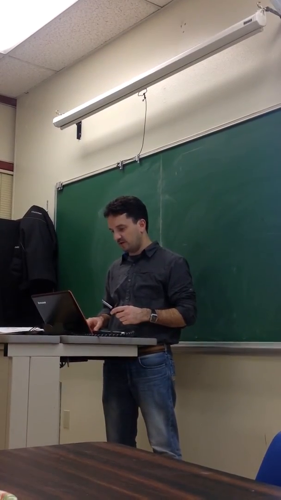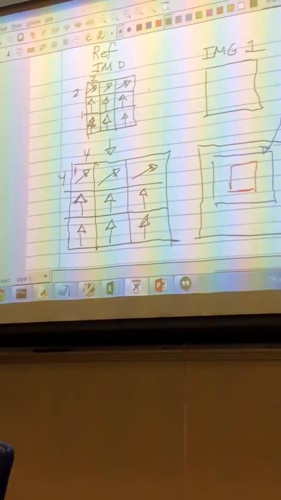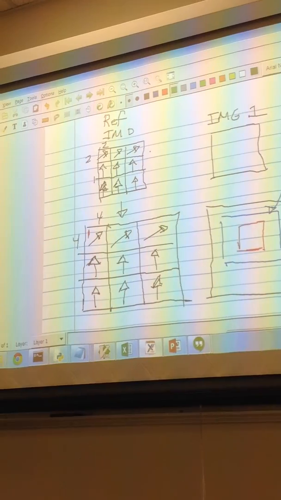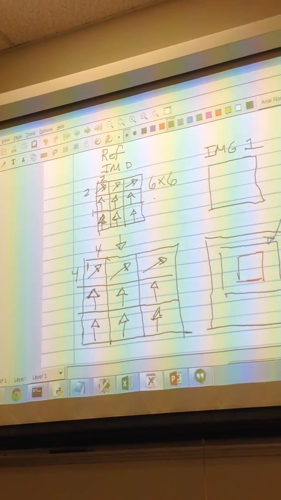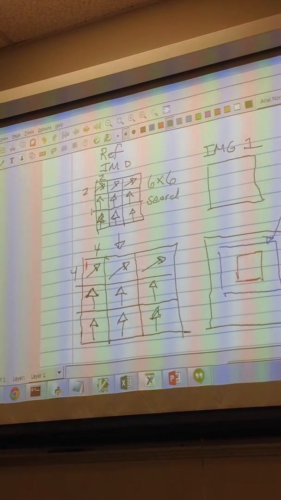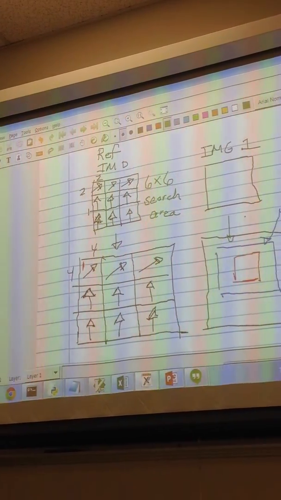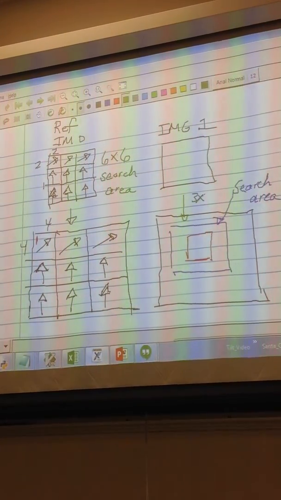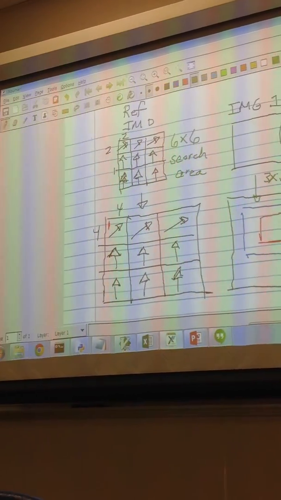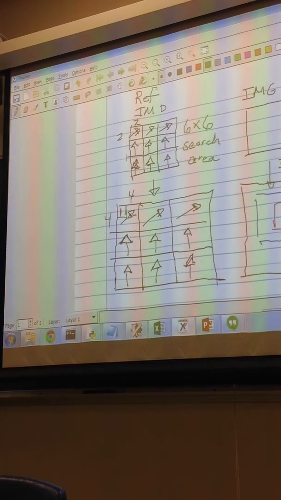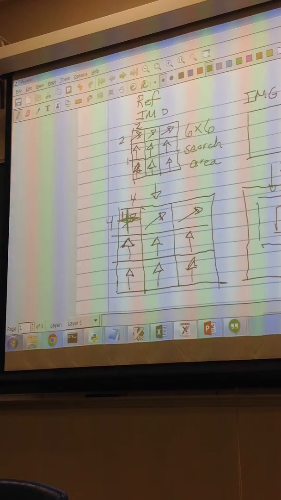So let's see what else I'm going to say. All right, so initially we had a search area over here, which was, let's say maybe a 6 by 6 search area, the one we used to initially calculate the motion vectors. Then over here in this image, your search area is only going to be 3 by 3. But the big but here is that each one of these blocks is going to be divided into blocks of 2 by 2.